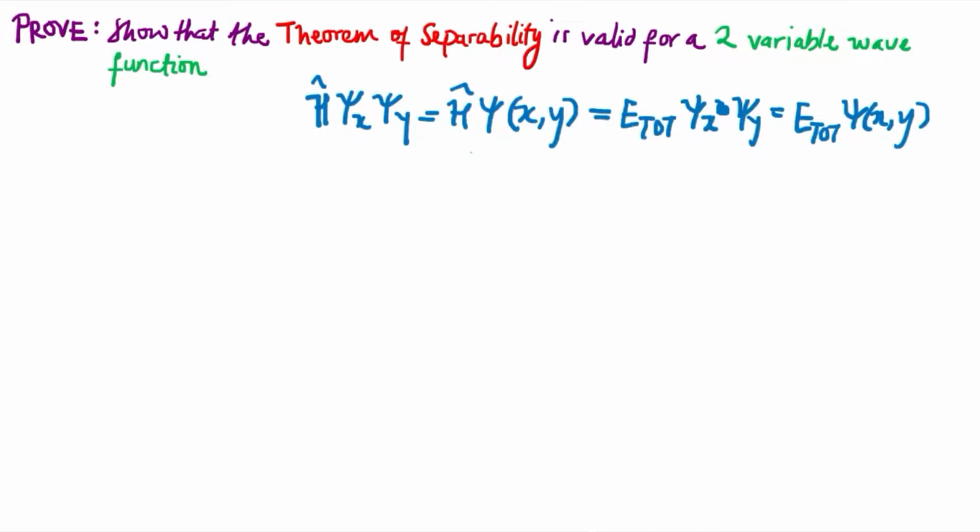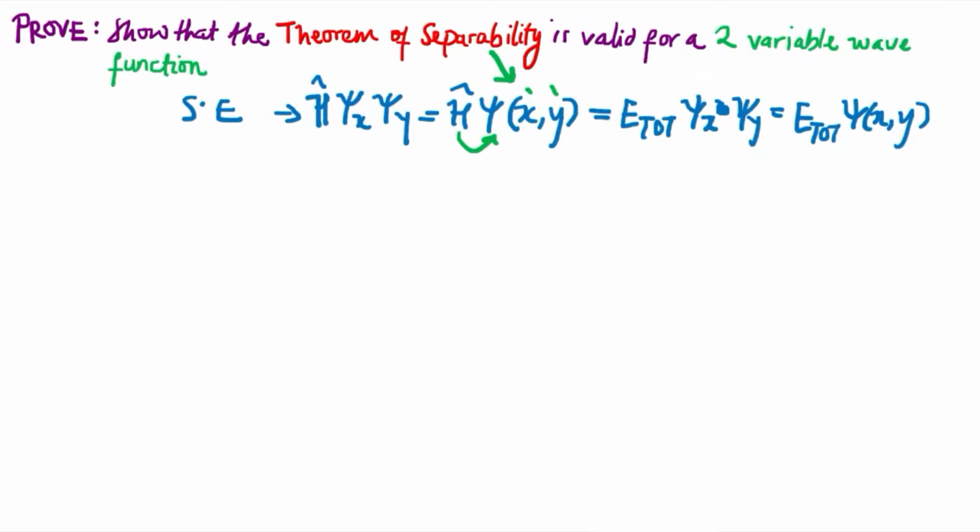So this is the Schrödinger's equation, and with this equation, we want to be able to show that the theorem of separability, which is targeting this particular wave function, states that we have to treat these variables, x and y, independently from each other while solving for the operator acting on this particular eigenfunction, which is the wave function of x, and also treating the operator with respect to the wave function of y to give us our energy total with respect to the x coordinate wave function and that of the y coordinate.